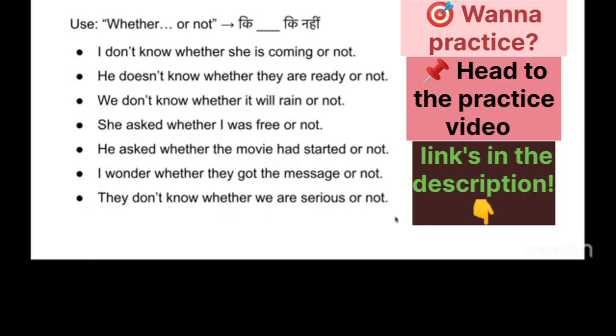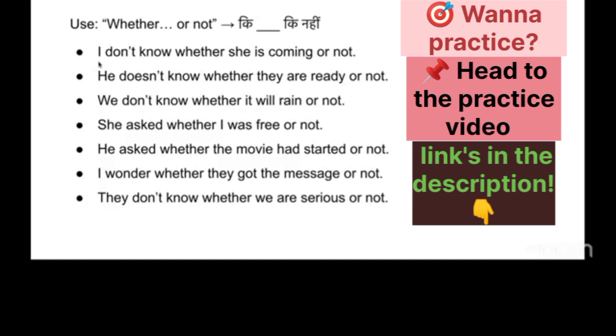Okay, typically there are other tools, as Sunnyji pointed out, that you can use, but Hindi speakers also use key. Sometimes key nahi is an implied part. For example, the same sentence you can say, I don't know whether she is coming or not. In English also you could say, I don't know whether she is coming, and it's implied that the second part, you don't have to say or not.